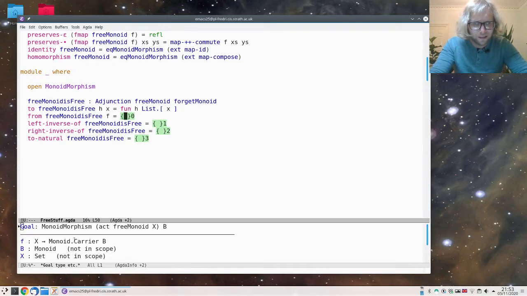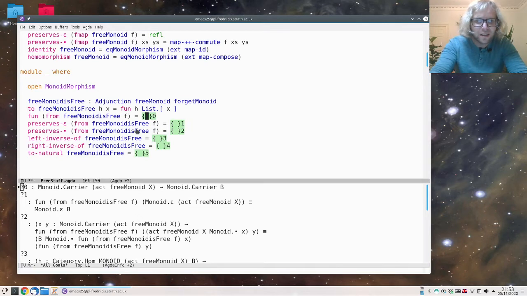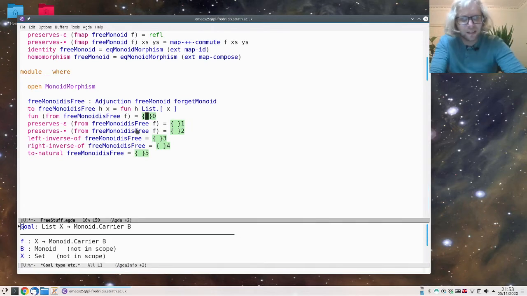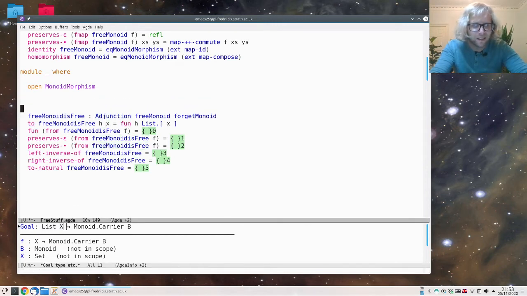if I have a function from x into the carrier of B, I want to make a monoid morphism from lists of x into B. So let's see. That means I need an underlying function. And what's the idea here? Well, I should take this list and I should treat it as a formal multiplication, right? So if it's a 2-element list, then I should multiply these elements together. If it's a 5-element list, I should multiply them all together. So I think I'm going to define this as a separate fold function.